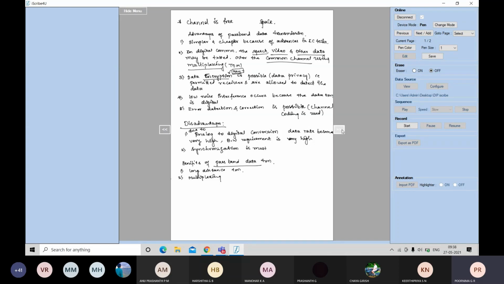TDM will multiplex many signals over a single channel. So therefore, multiplexing techniques can be used for bandwidth conversion. Fine.